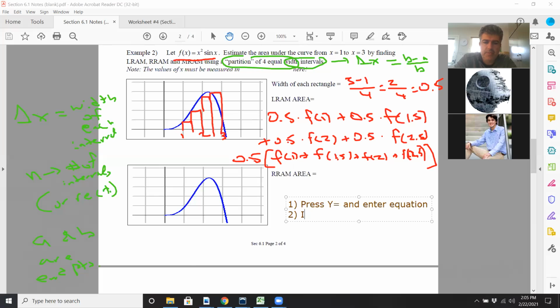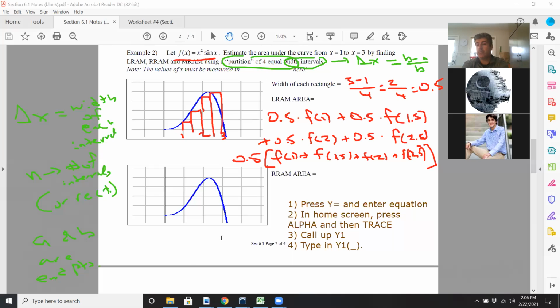Then in the home screen, press alpha and then trace. Call up y1. Type in y1. Yeah, so that's how you can be effective with this.